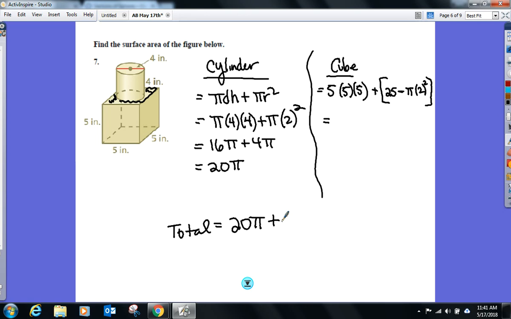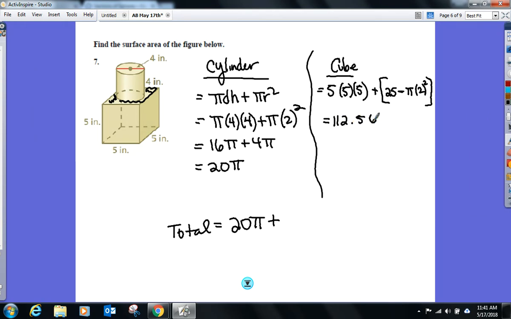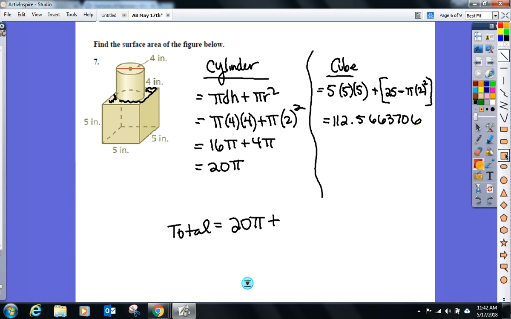Just so we're on the same page, what are you guys getting for the cube? 175? No? Or sorry, that's the final answer. How about 112? 0.5663706? No? Yes, no? No? Oh boy, one job.